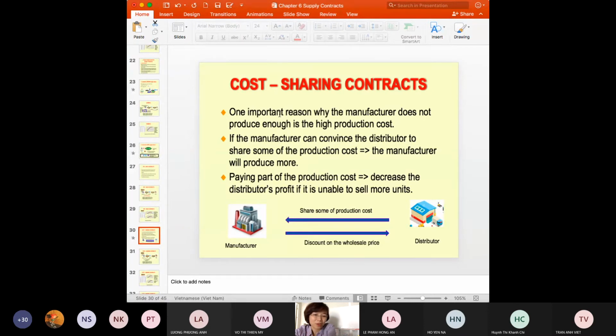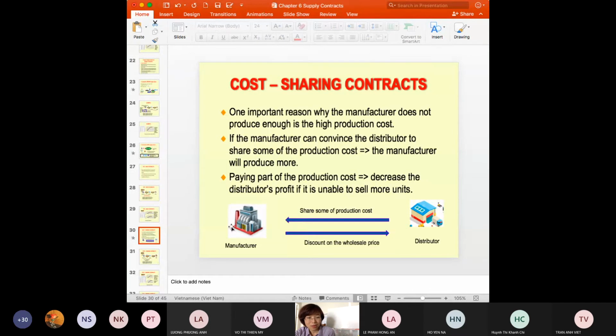So if the manufacturer can convince the distributor to share some of the production cost, the manufacturer will produce more. Paying part of the production cost reduces distributor profits if they are unable to sell more units.